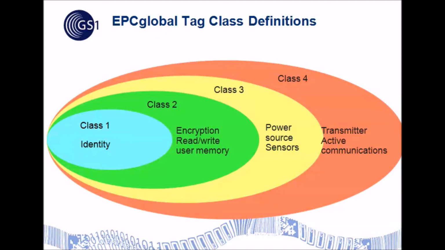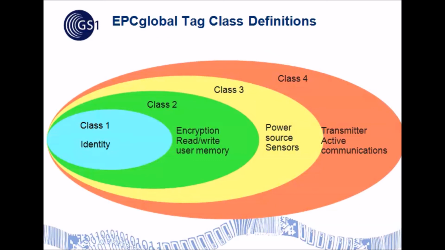The Class 2 RFID tags are also passive RFID tags with additional features above and beyond those of Class 1 RFID tags. There are extended RFID tag ID, extended user memory, and an authenticated access control. So some information can be read, not only read, but also written into the memory.